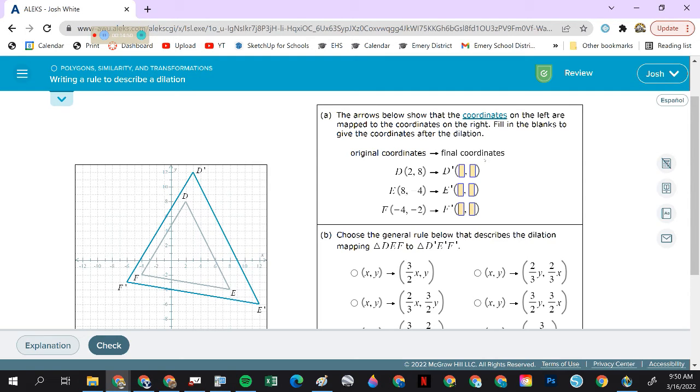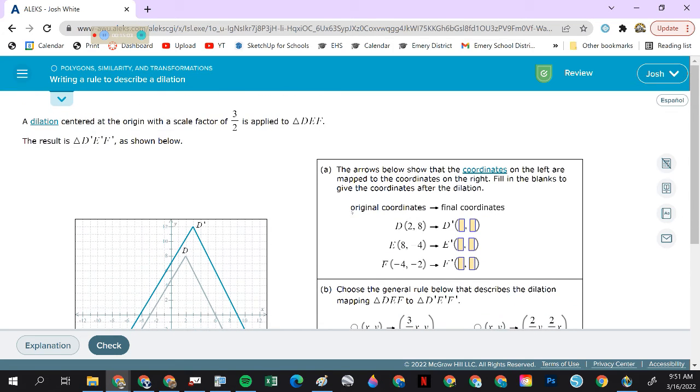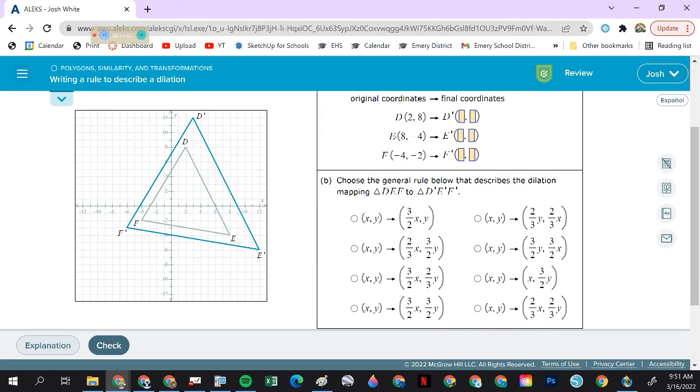Now, could I figure out those answers without the picture? How would I take 2, 8 and turn it into 3, 12? Times it by 1.5. So my scale factor is 3 over 2, which is 1.5. So I can just times each of those by 1.5.